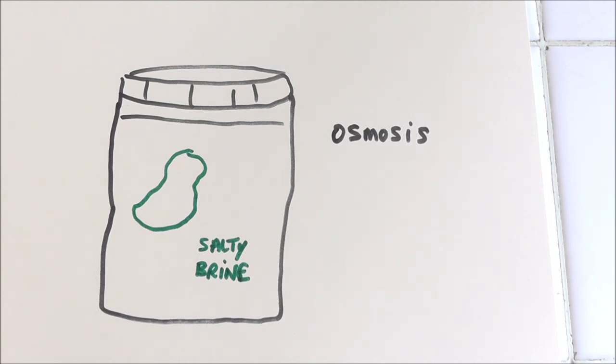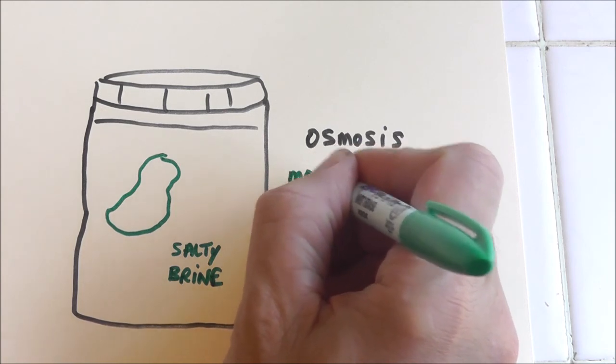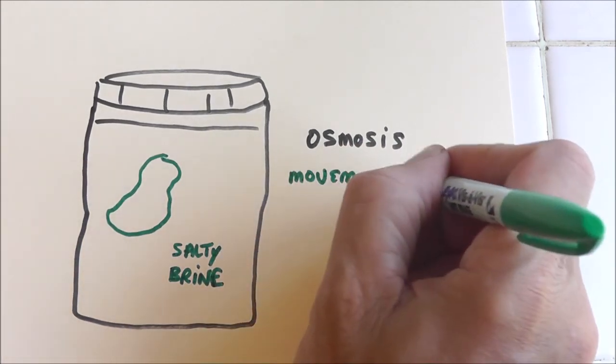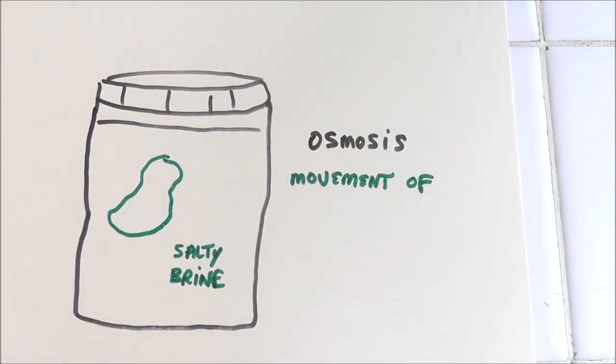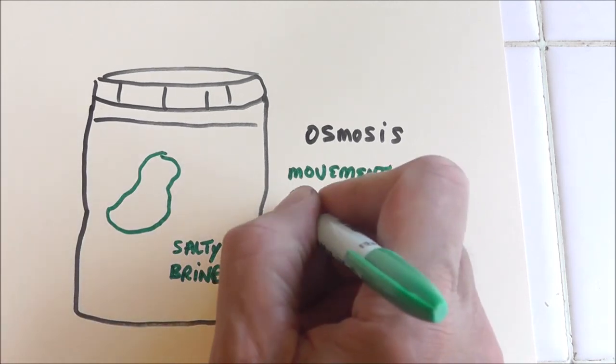Now what's going to happen is osmosis, the movement of water across a semi-permeable membrane. And you know what? Organisms have semi-permeable membranes everywhere.